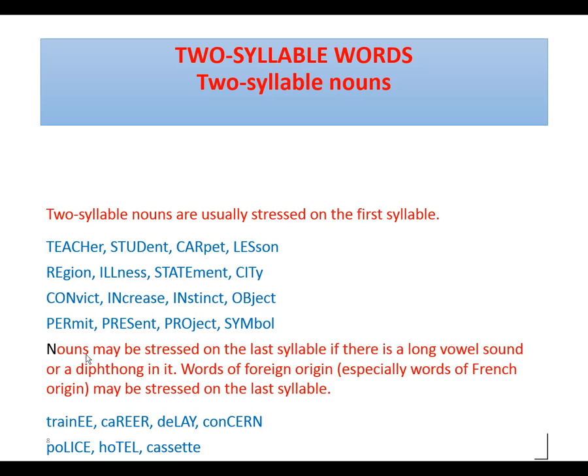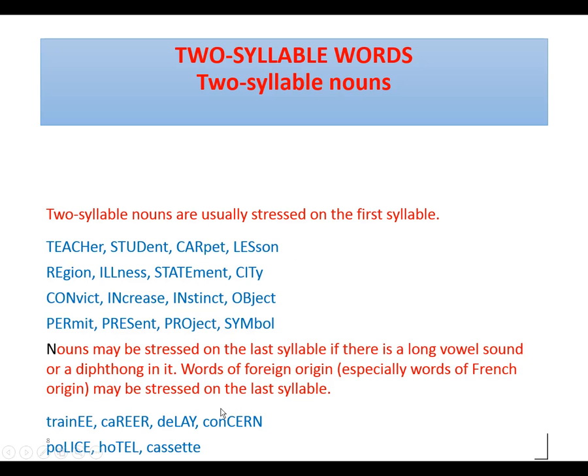Let me give you some examples on two-syllable words. Here we have nouns. Could you please repeat after me? Teacher, student, carpet, lesson, region, illness, statement, city, convict, increase, instinct, object, pyramid, present, project, simple.